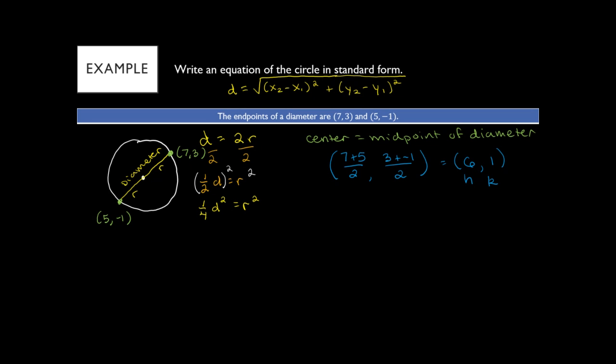If we square the distance to get d squared, it doesn't have the square root symbol because we squared both sides. So when I'm finding my radius squared, I don't need to do the square root part, because that's undoing the square root. That's actually going to make our math a little easier here.